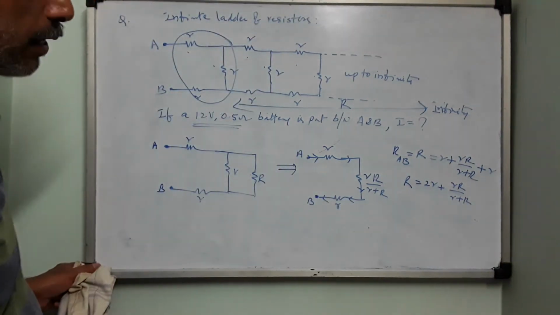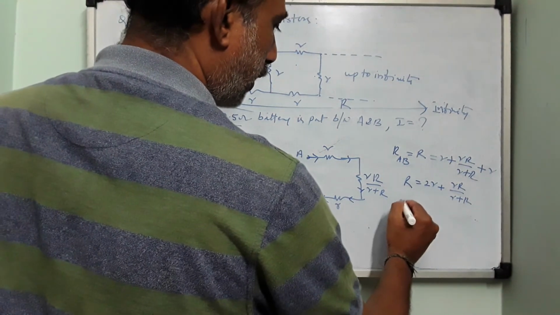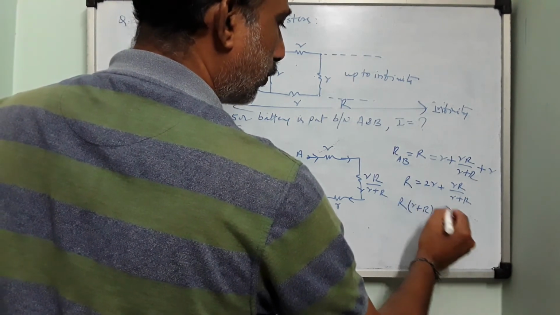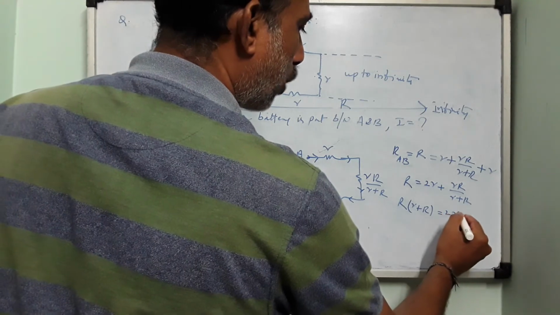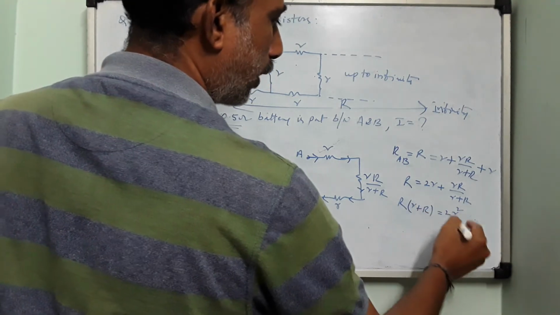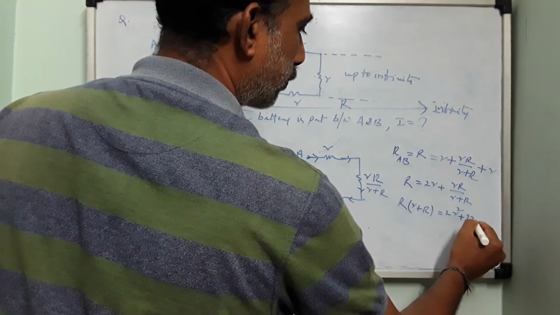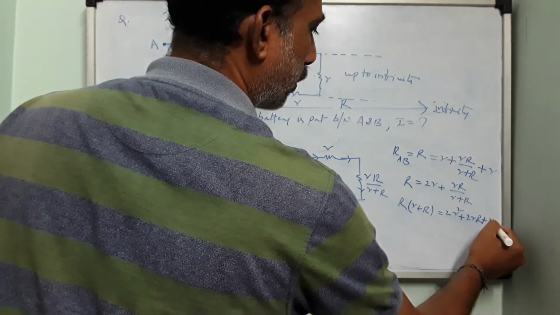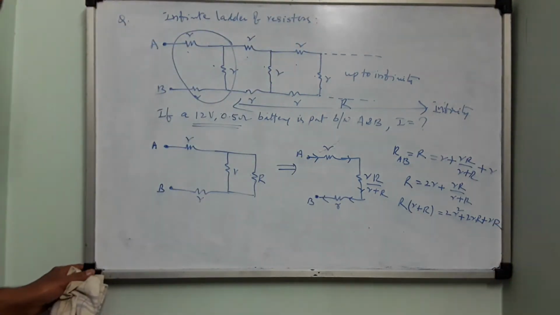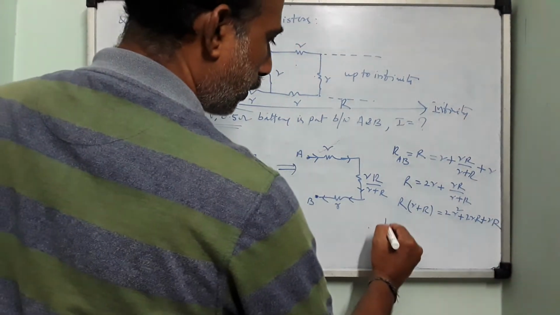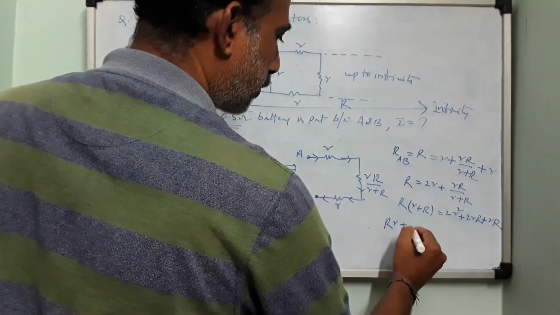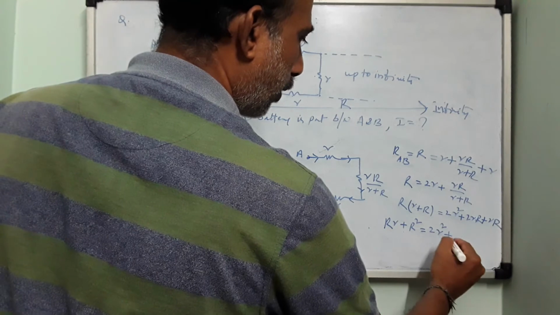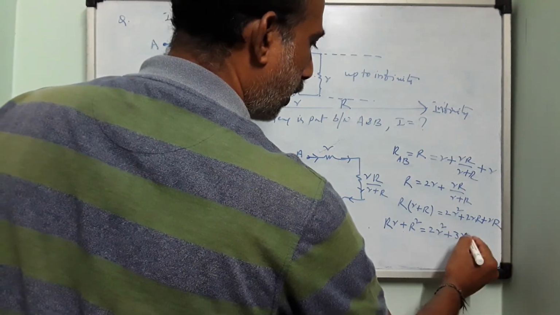Let us take LCM and cross multiply. On the left hand side, R into (R plus R) equals, on the right, 2R square plus 2Rr plus 2Rr plus Rr. So opening this, Rr plus R square equals 2R square plus 2Rr plus Rr, that is 3Rr.